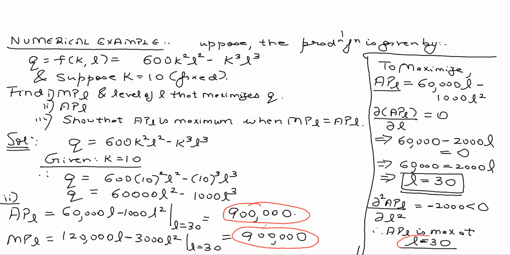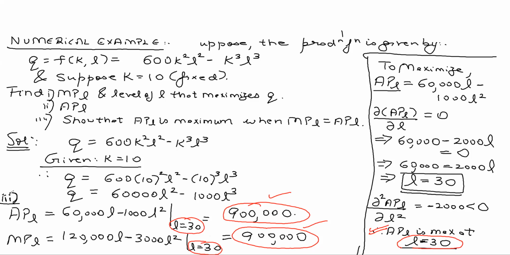At L equal to 30, APL is maximum, and at L equal to 30, you can see that APL is equal to MPL. So we have shown the third part also. This is our third part: APL is maximum when MPL is equal to APL.